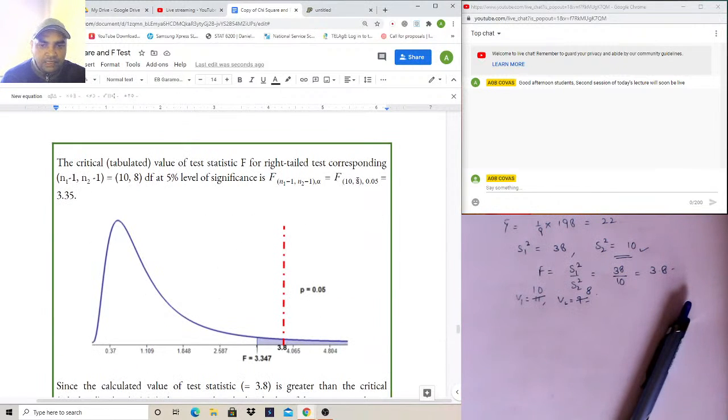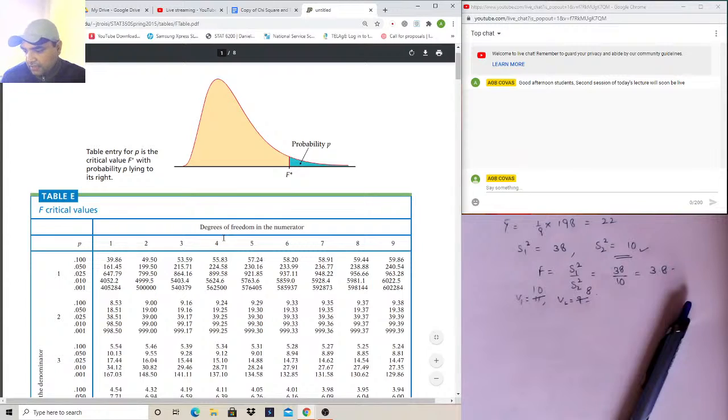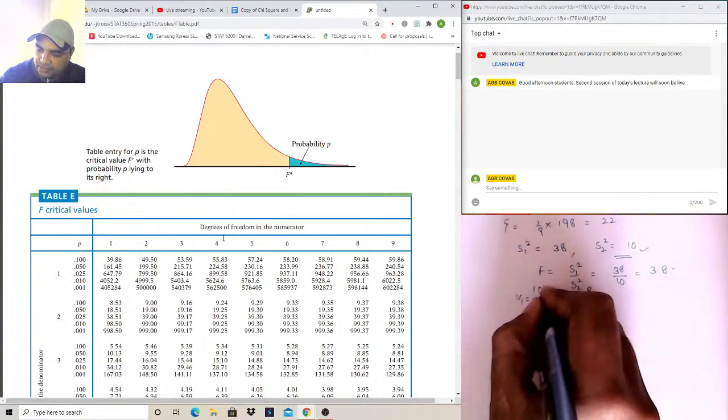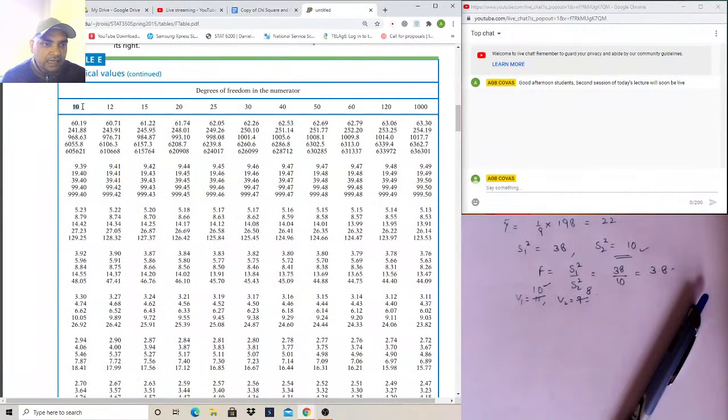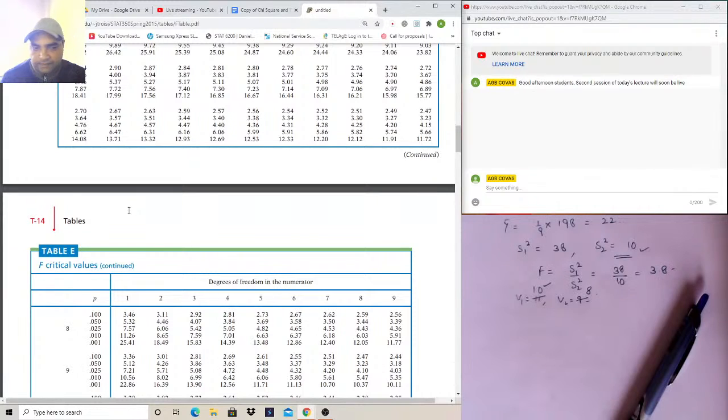When we see this in the table at 5% level of significance, the first variable is 10, so I will go down and see at 10, and then I have to see at 8.